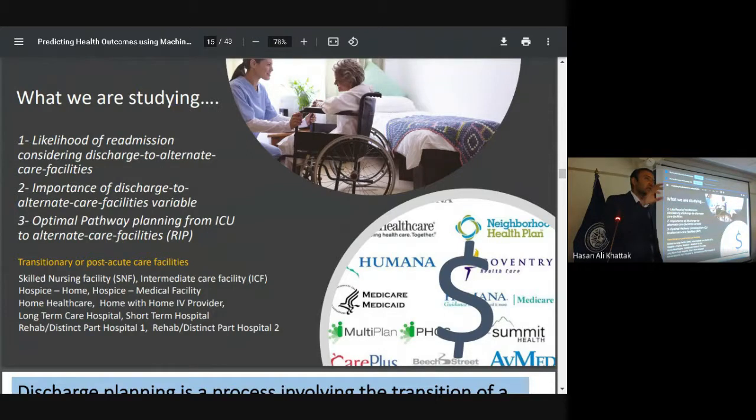We are comparing how impactful this process is. And the third point, which is research in progress, is optimal pathway planning from the ICU to the alternate care facilities.